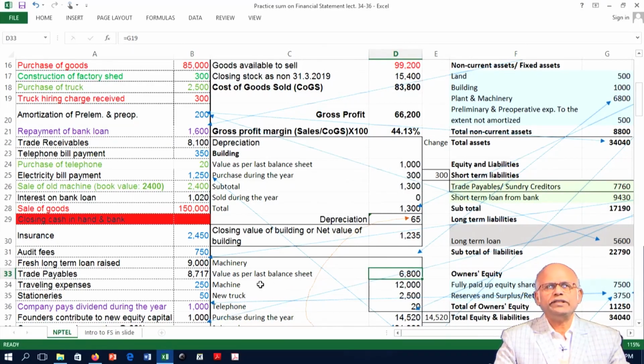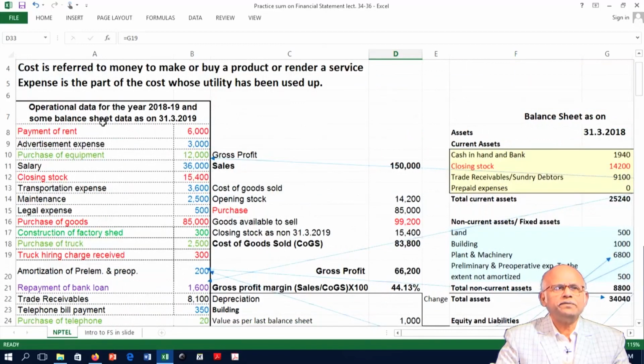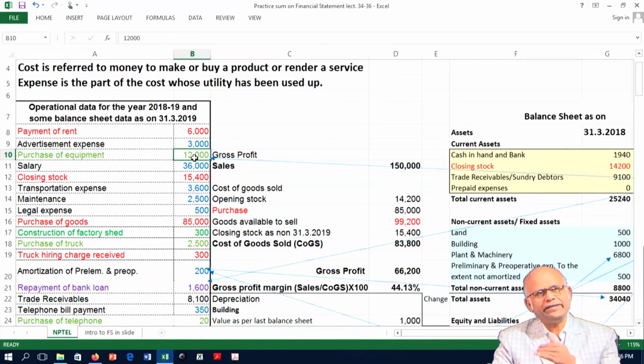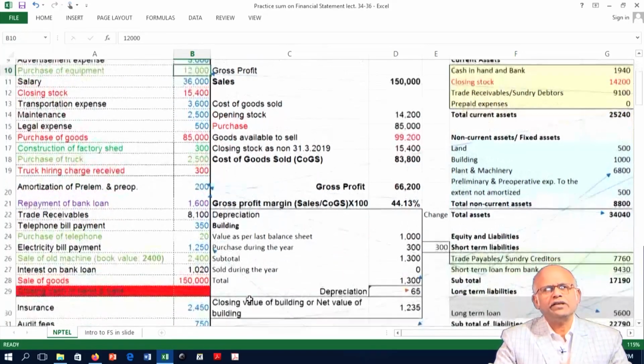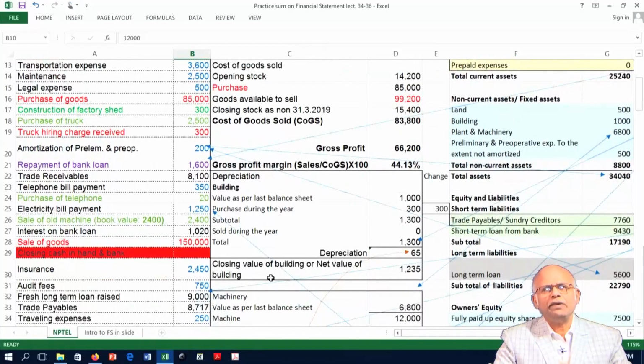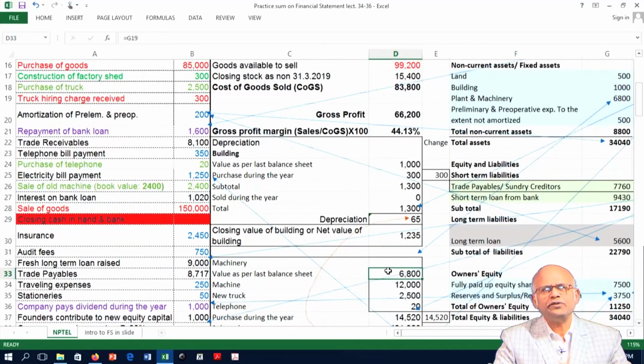Now, let us see whether we have procured any new machinery, and at the same time whether we have sold any machinery. I have put that in green color. This is equipment, we bought it for 12,000. So, we have to add it to the previous year's balance. Previous year our balance was 6,800 rupees.